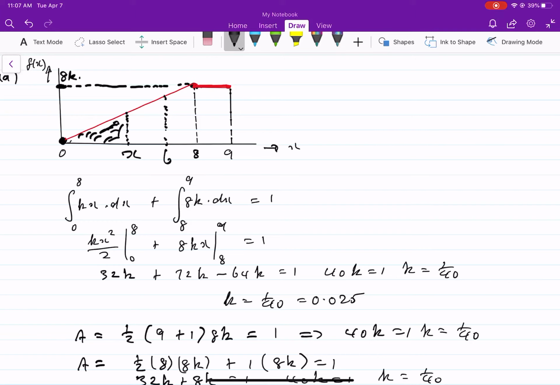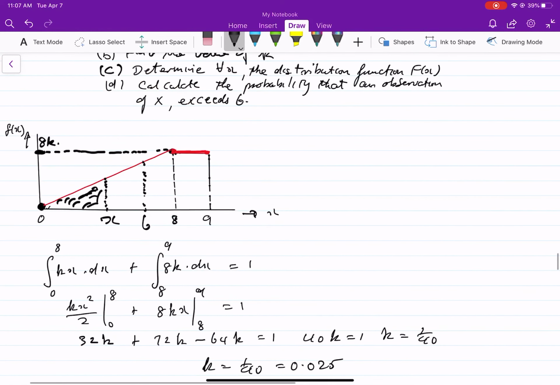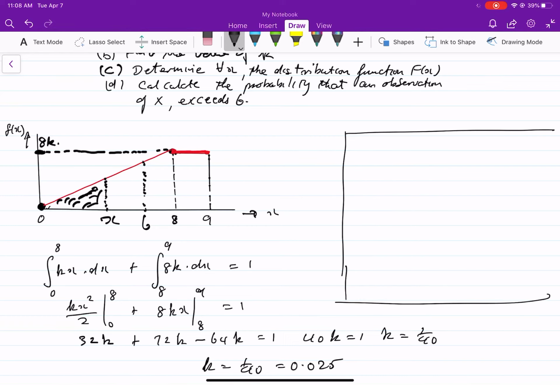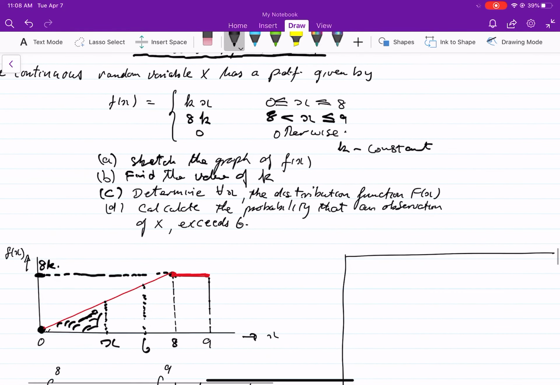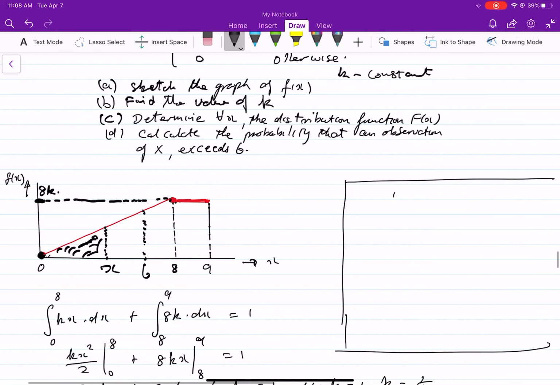If I plug in 6, let's see. I'll do the calculation right here instead of scrolling up and down. Now, the function itself is kx. Remember, k was 1 over 40.